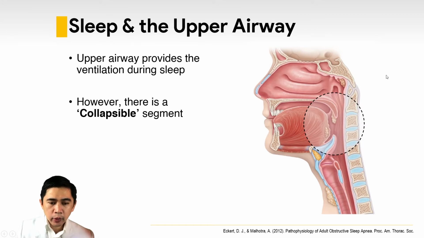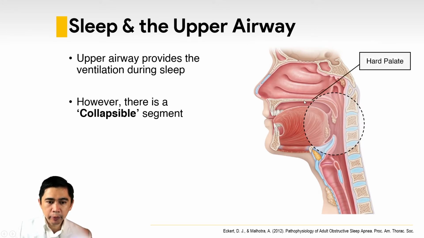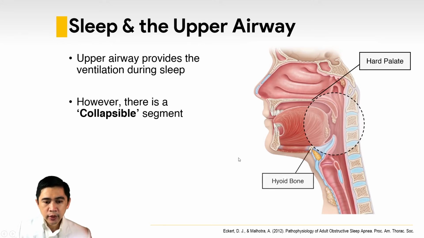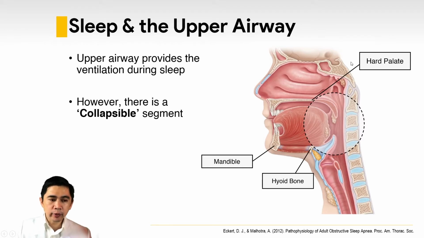So the nearest bone that supports this collapsible segment is the hard palate that supports the soft palate, the hyoid bone which supports the epiglottis, and the mandible which supports the tongue. Okay, so all of this supports the soft tissue, and it will pull them away from the collapsible segment.